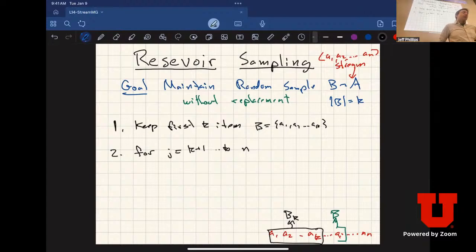Now this k plus 1th item, maybe I want to include it in the random sample, right? With what probability should it be in the random sample? Let's say the first step after I filled up the reservoir for the first time, I now see item A of k plus 1. What probability should it be in the random sample?